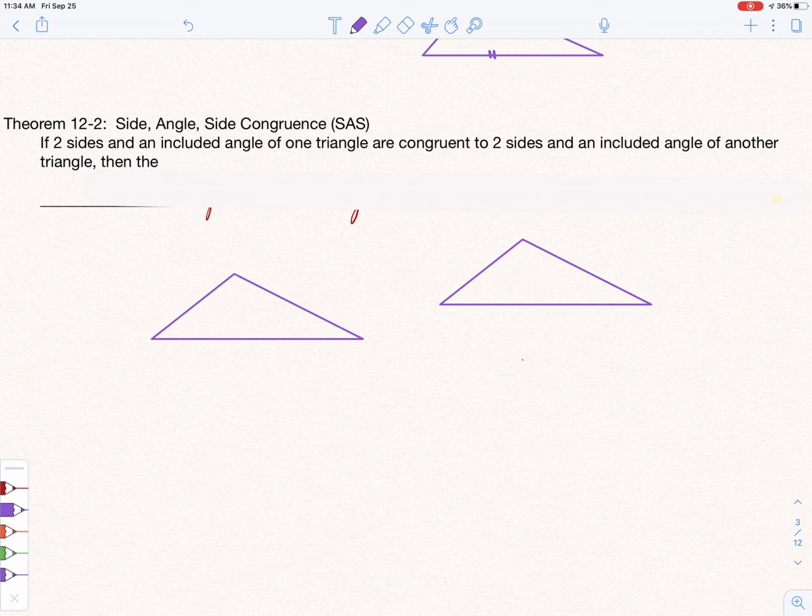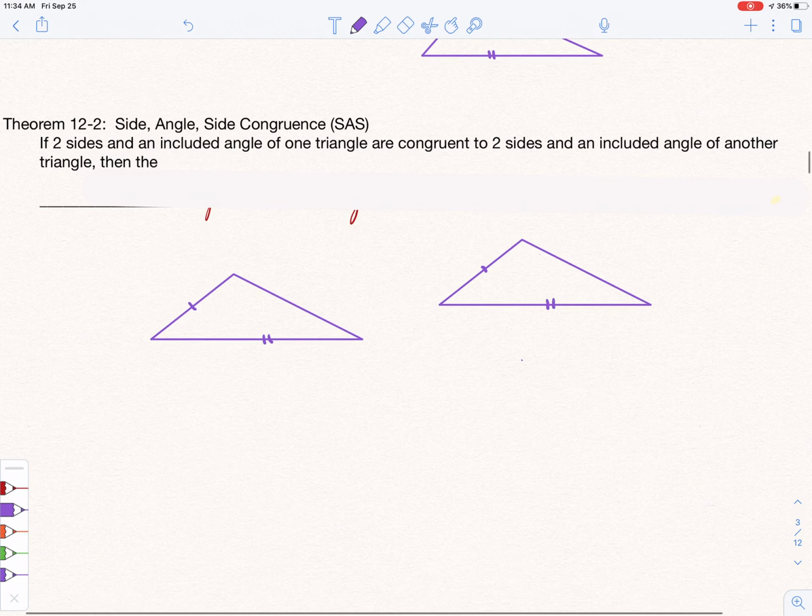All right, so let's take this one at a time. Let's say that I know that this side is congruent to this side. So there's one pair of sides congruent. And then I'm also told that maybe another pair of sides are congruent. So that takes care of the two S's in my little acrostic there. So two sides of a triangle are congruent to two sides of another triangle. But then I'm also told that the included angle.